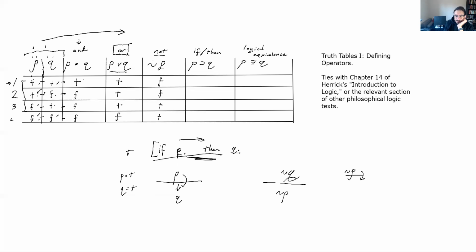Down here, when Q is false, and it forces P to be false, P is false and Q is false. Again, this is working within the integrity of the statement. So even when they're both false, the statement can be true.